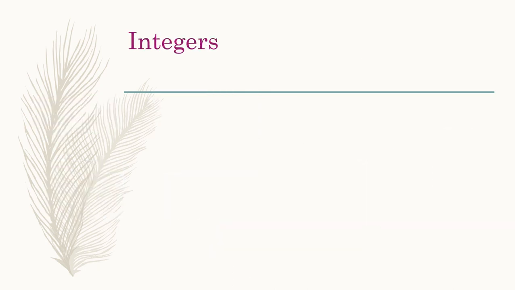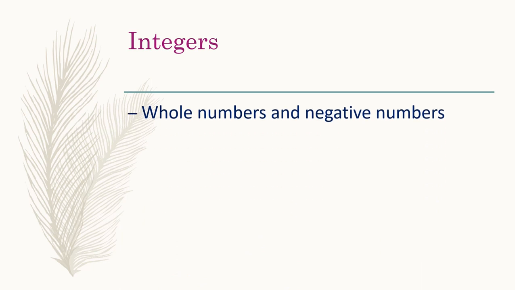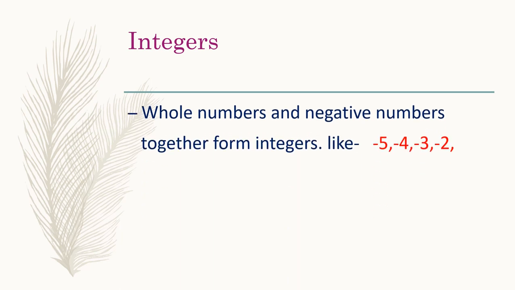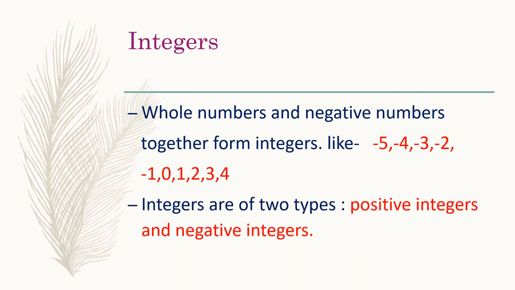Now see, what are integers? Whole numbers and negative numbers together form integers, like -4, -3, -2, -1, 0, 1, 2, 3, 4 and so on. Integers are of two types, positive integers and negative integers.